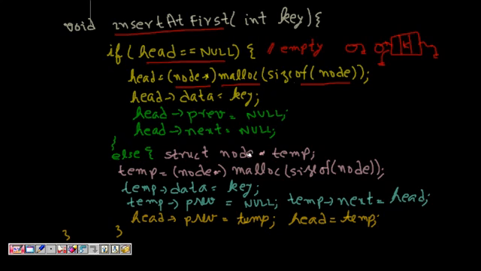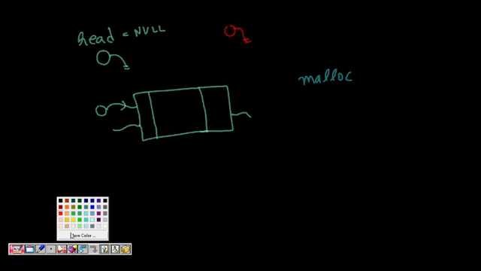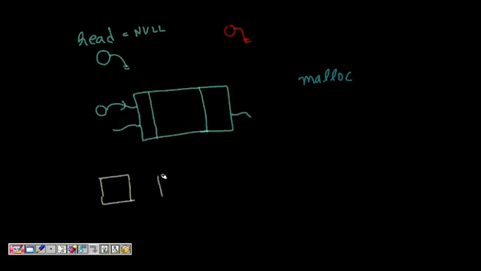But let's see the case when the linked list was not empty. In that case, let's assume we already have some elements in our linked list. Let's say that we have 3 elements.